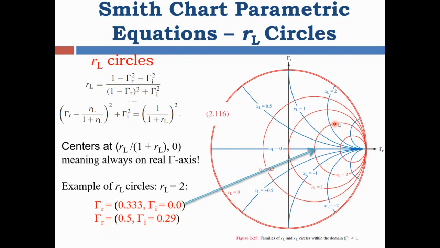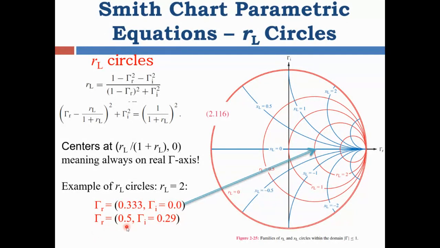Okay, it is a circle when you turn it to R. Then you go ahead and put the real part equal to 0.5, the imaginary part 0.29. Again, it is going to be on the circle that is a circle of 2, for example. And you keep doing that.